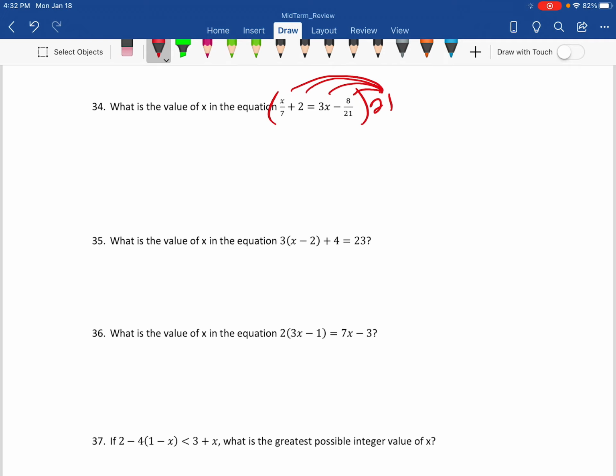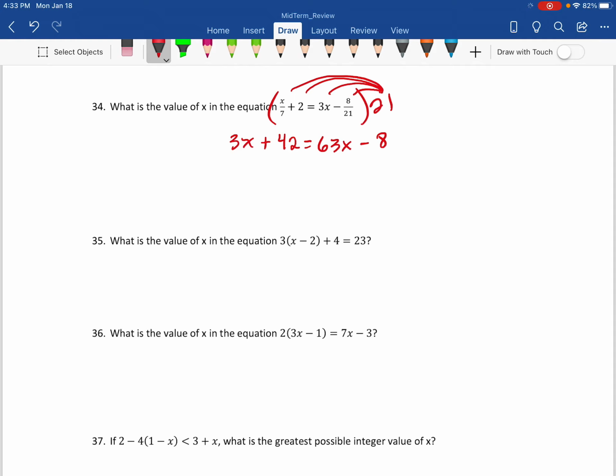So this is going to become 21 divided by 7 gives me 3, so that becomes 3x plus 21 times 2 is going to give me 42. That's going to be equal to 3 times 21, which gives me 63x minus 8.